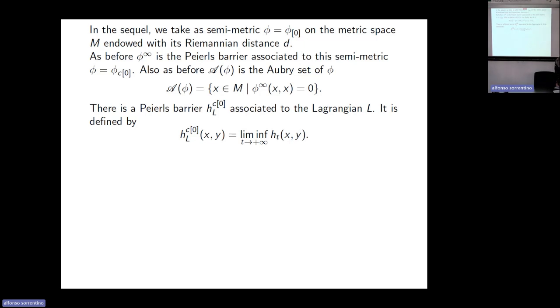So the definition is h_c0(x, y) is the limit as t tends to plus infinity of h_t(x, y) plus c0 t.